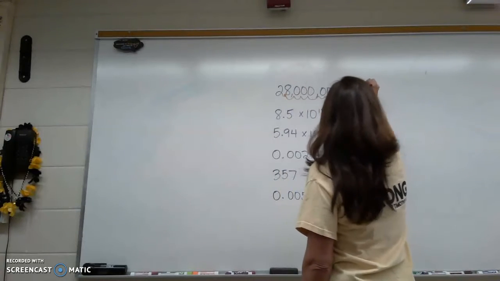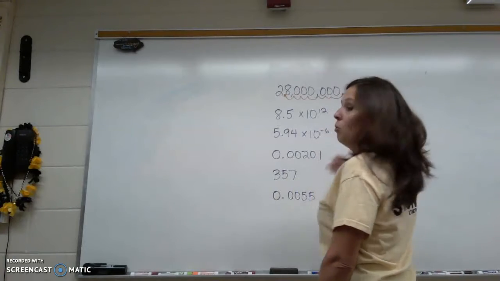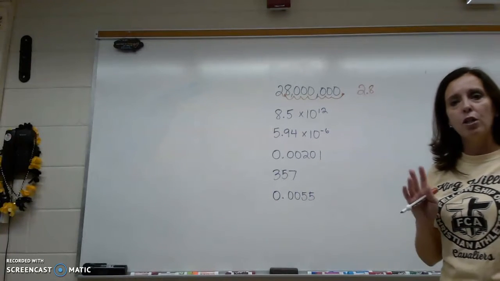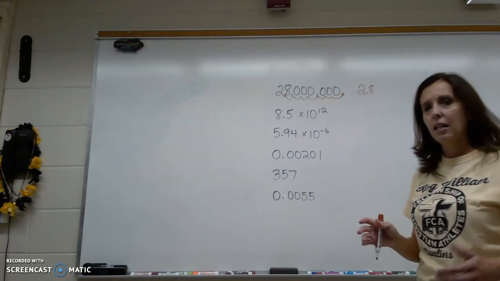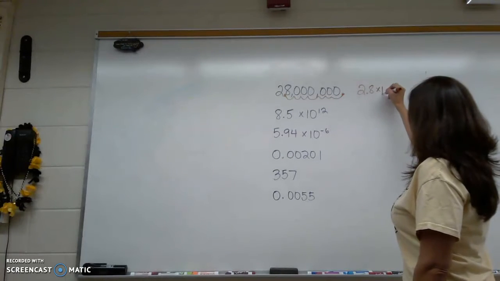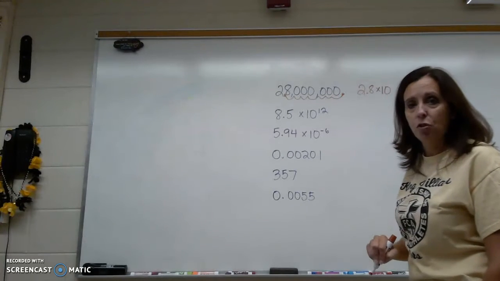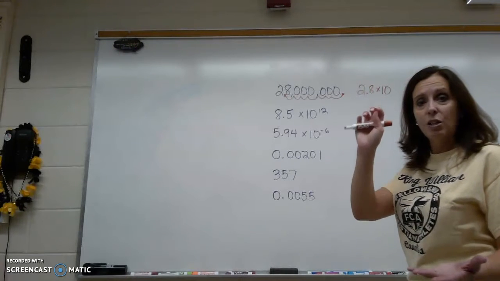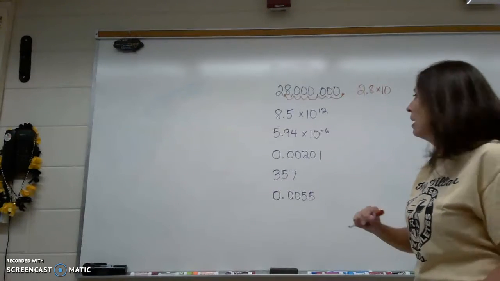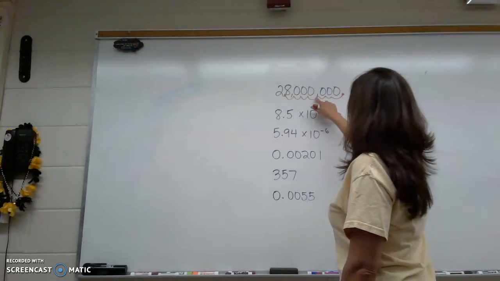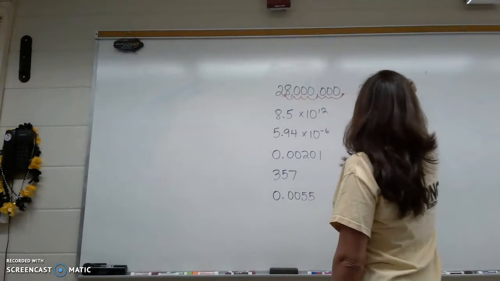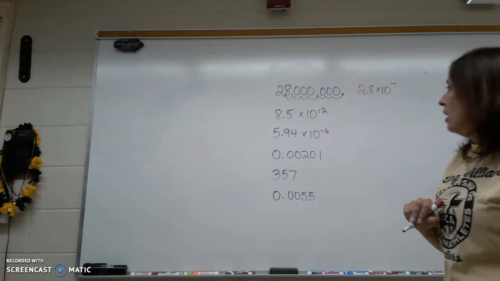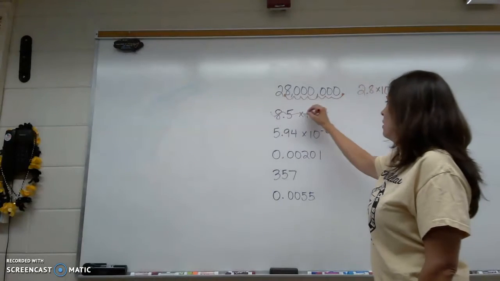I end up at 2.8. 2.8 is a number that falls between 1 and 10. And then I write my times 10 after it. And the exponent there is going to be how many times I had to move my decimal to get to 2.8. So I moved it 1, 2, 3, 4, 5, 6, 7 times. That 7 is positive.